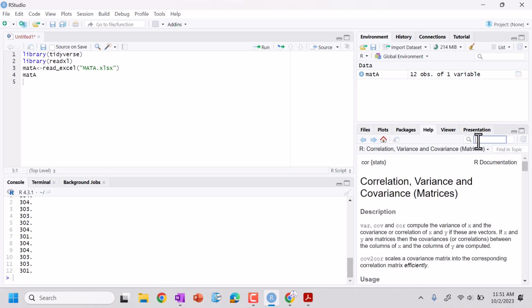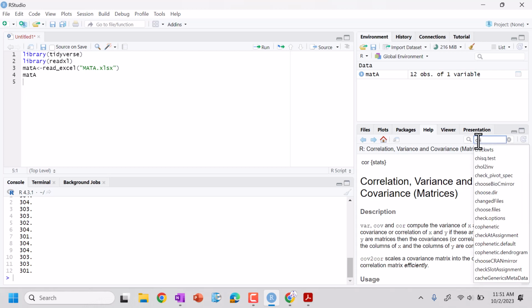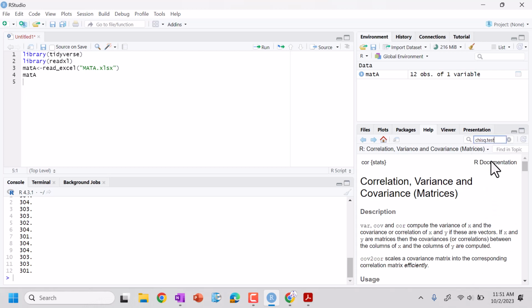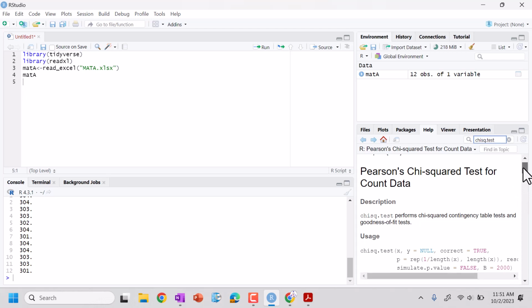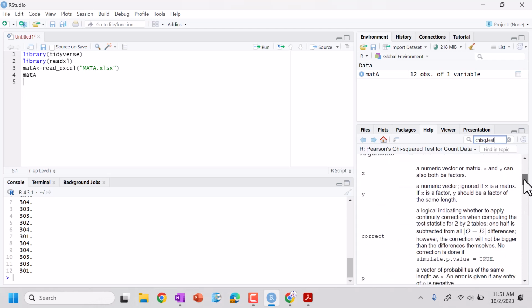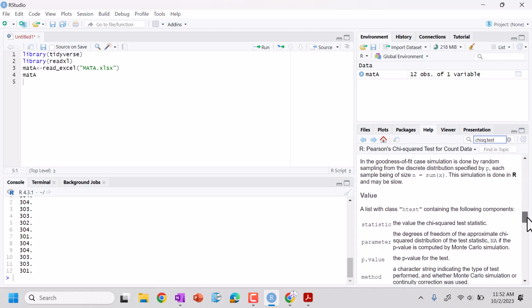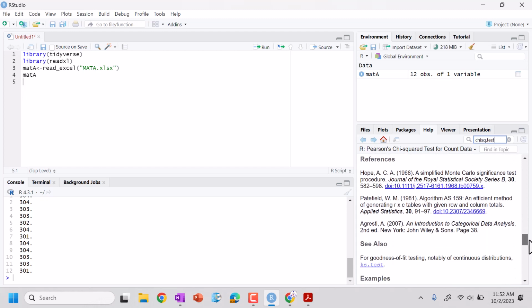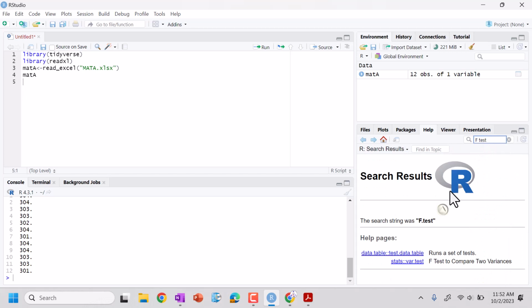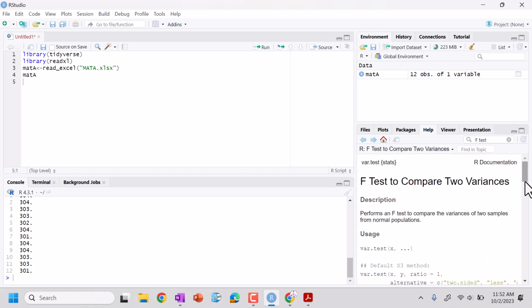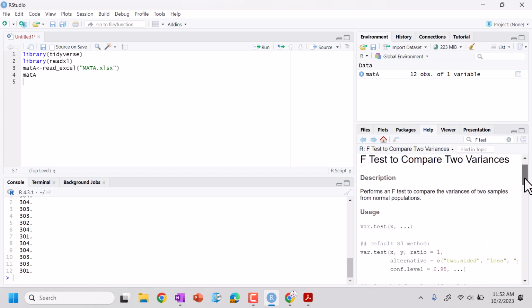Let's look at the chi-square test, and again, this is the chi-squared goodness of fit test. We're not really going to be working with some of these values quite yet. Instead, we could look at the F-test, or you can do var.test from stats. The F-test compares essentially two variances.